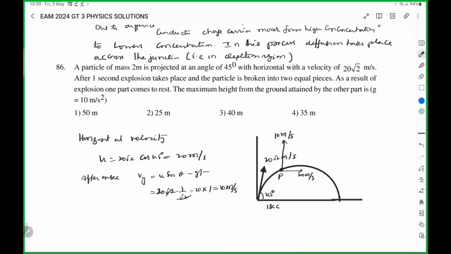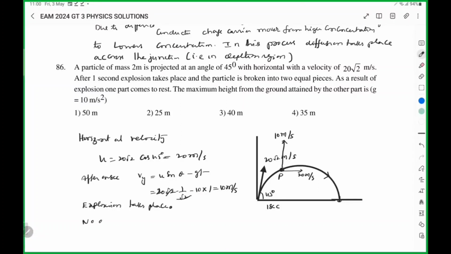Now after 1 second, explosion takes place. Explosion takes place not by application of external force, so no external force is applied. So the center of mass of these two particles after explosion moves in a parabolic path.